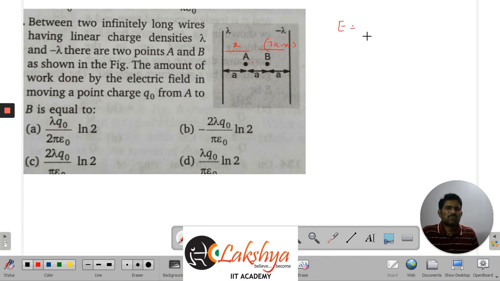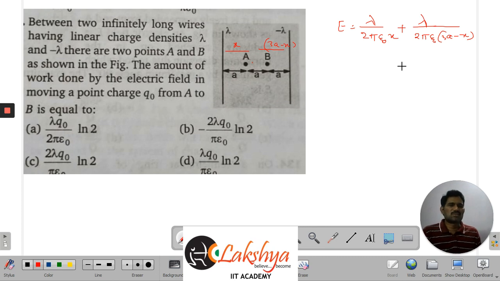The electric field will be lambda by 2 pi epsilon naught into 1 by x, plus, due to the other wire, lambda by 2 pi epsilon naught into 1 by 3a minus x. Both are along the same direction, so we are adding them. Why are we adding this?